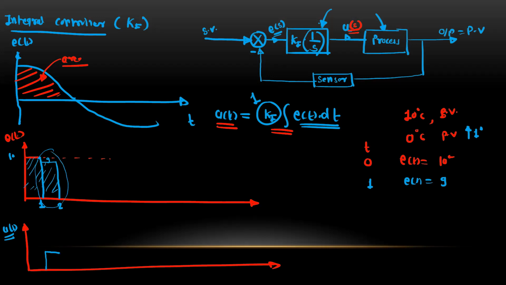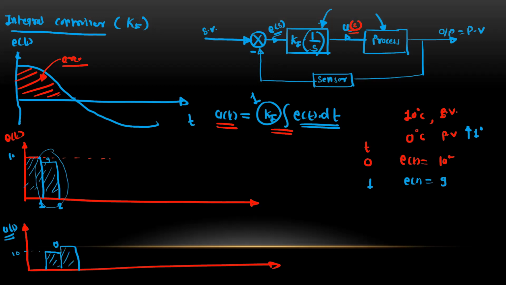So this is a 10. After 2 seconds it will generate the output u of t as 10 plus 9 into 1, so it will become 19. So this is the 19.